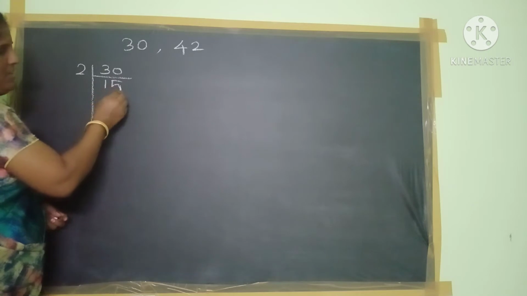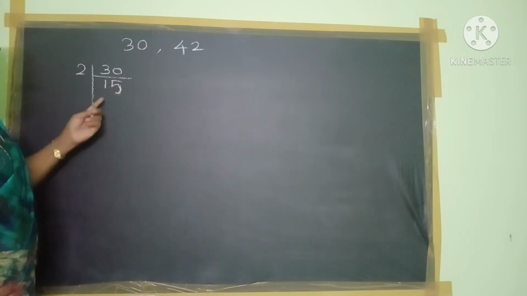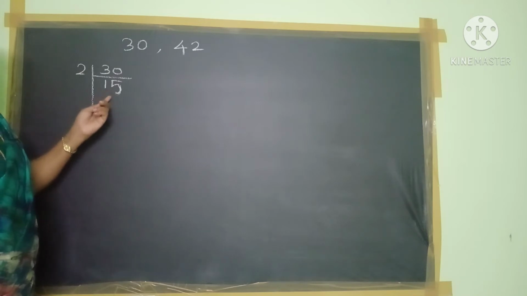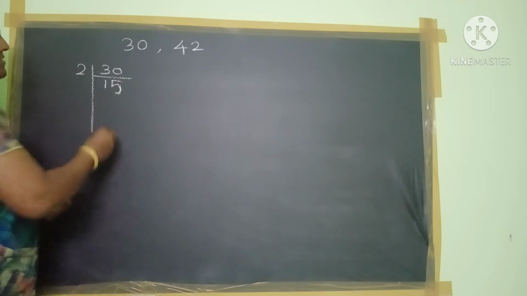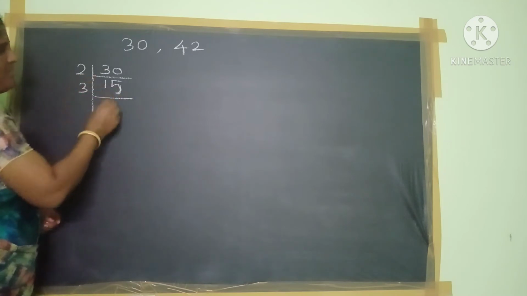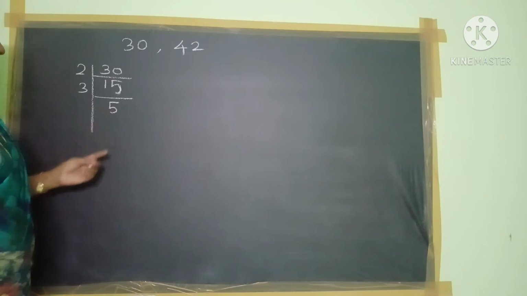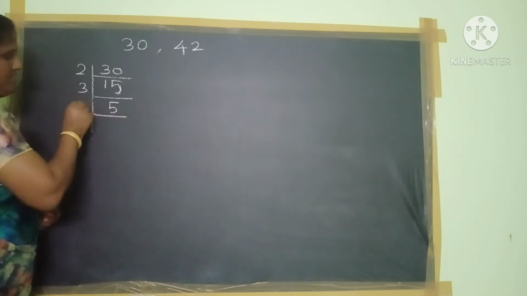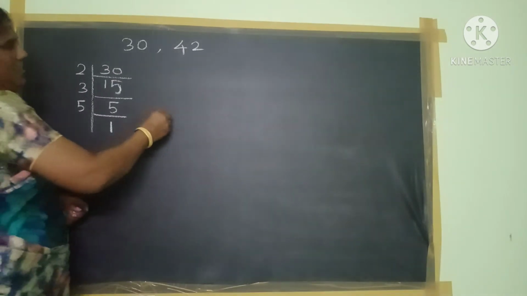Next, 15 is not divisible by 2, so you try the 3 table. Yes, 15 comes in the 3 table, 5 times. Next, 5 is a prime number, so it is divisible by itself, 1 time. Next take 42.